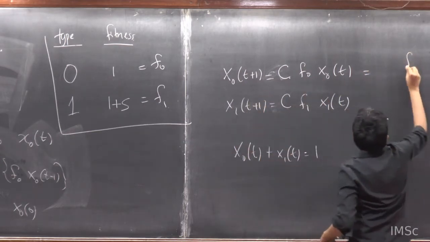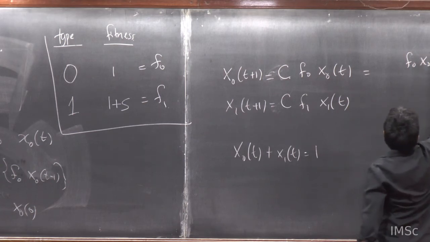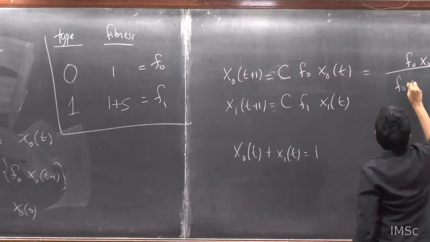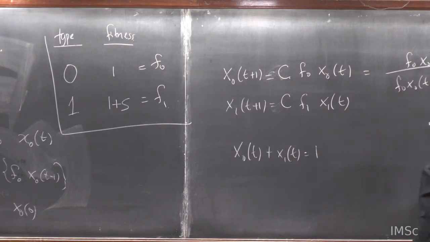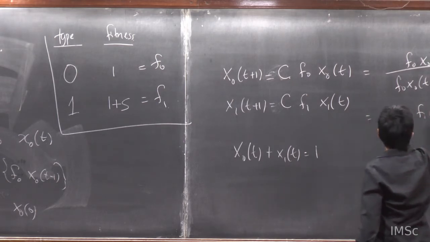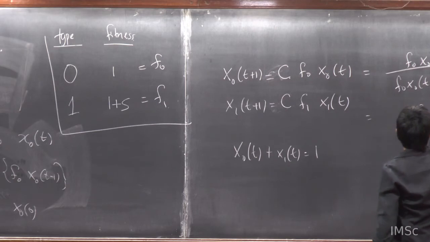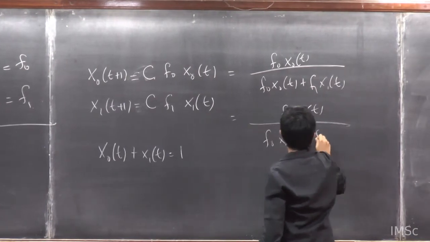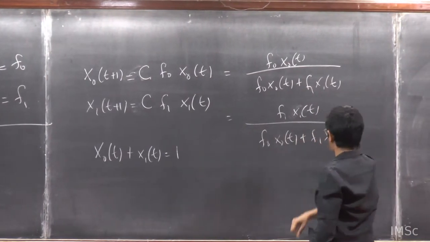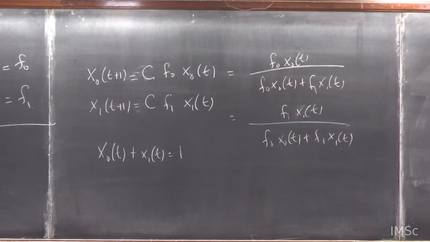So this is f0 x0 t by, the same constant. Right. Okay. So that's how this population is evolving if I have only selection, right?